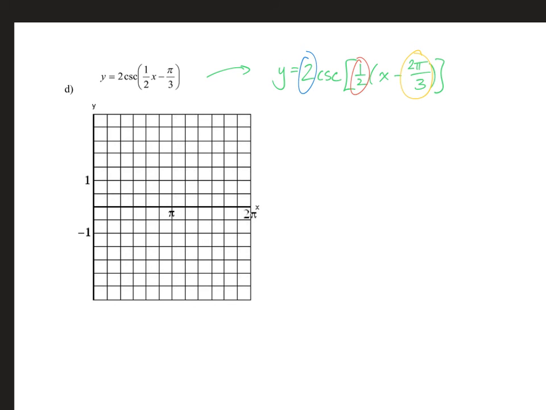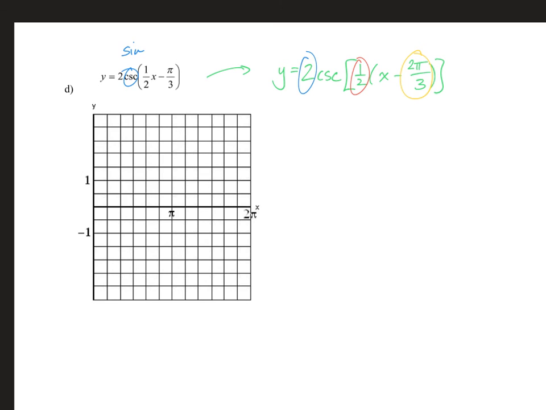Okay, we're back. So the very first thing that I'm always going to do when I take a look at my cosecant graph is I know that that is the reciprocal of sine, and so I'm going to use sine to build it. I know sine starts in the middle, so it starts at 0, therefore its reciprocal would have an asymptote.